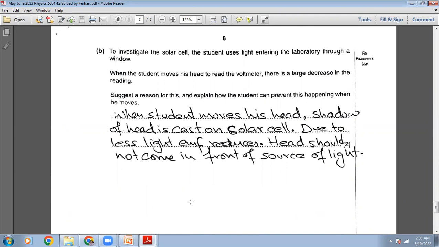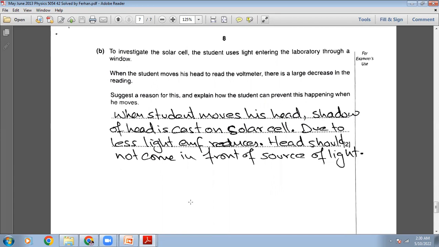I think that when the student moves his head, it comes between the light coming from the window and the solar cell, and the shadow of his head is cast on that solar cell. Because now the light falling on the solar cell has decreased, that's why the EMF produced by the solar cell has decreased.